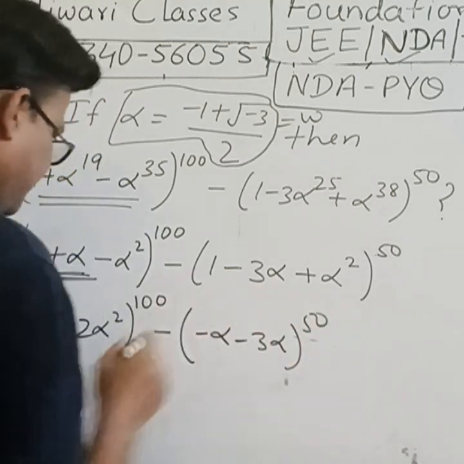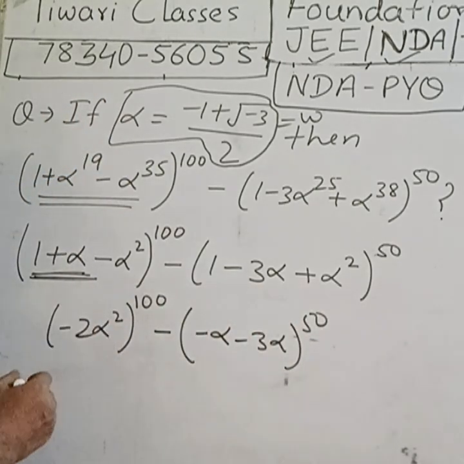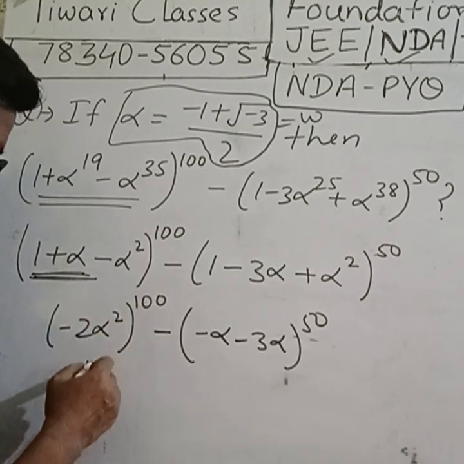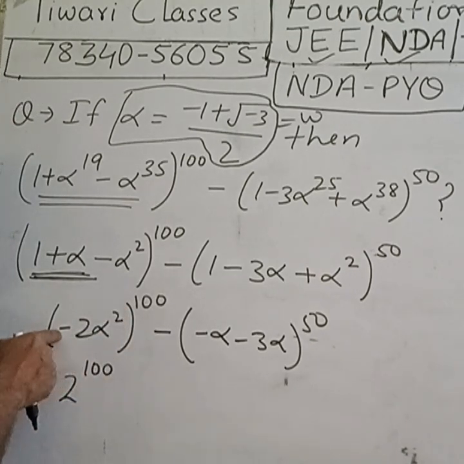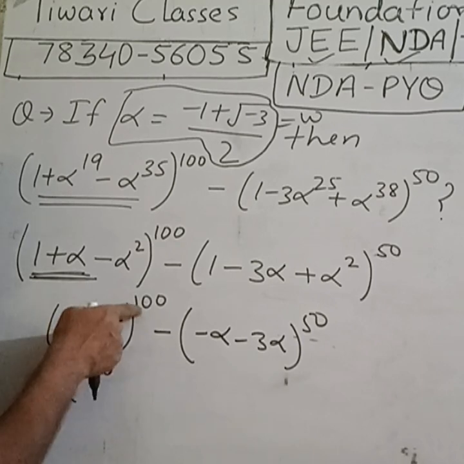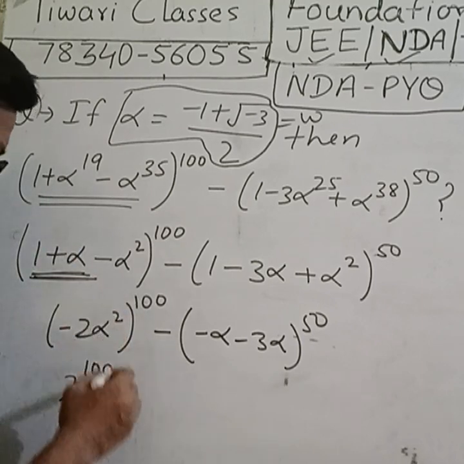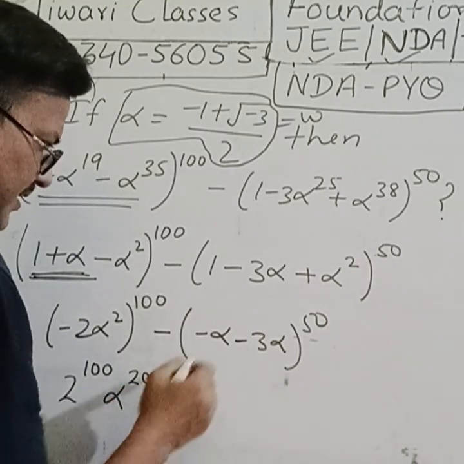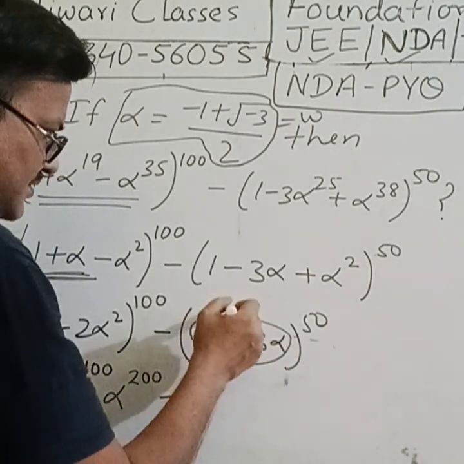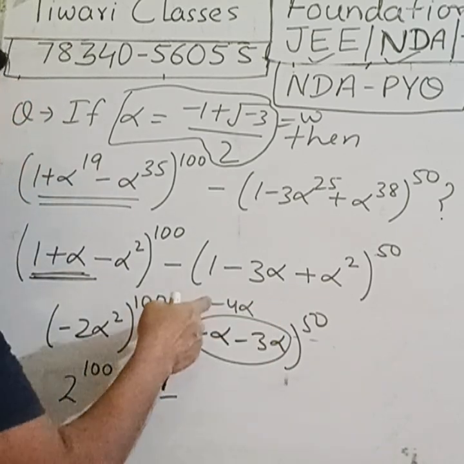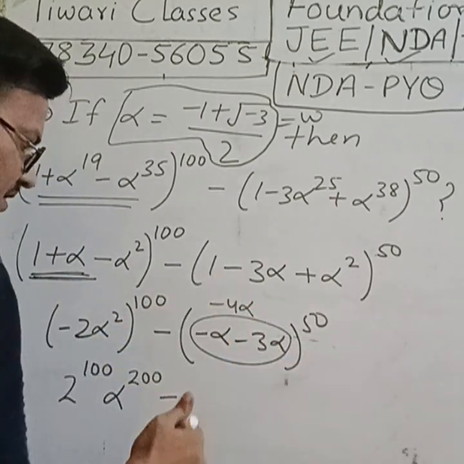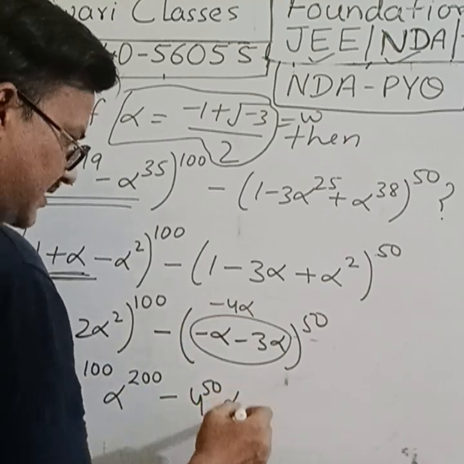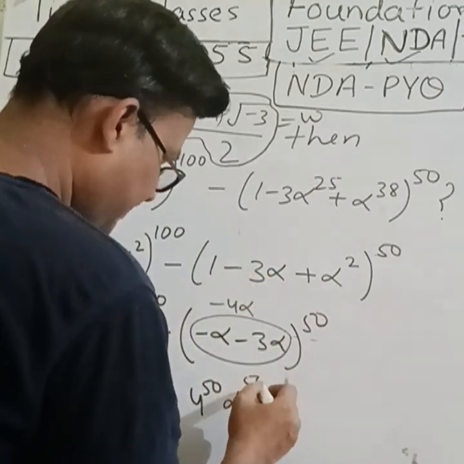We are left with 2 raised to the power 100 here, because the power of minus is an even number, it will be positive, and alpha raised to the power 200. Similarly, this one is equivalent to minus 4 alpha, and the power 50 is also an even number, so it will be 4 raised to the power 50 into alpha raised to the power 50.